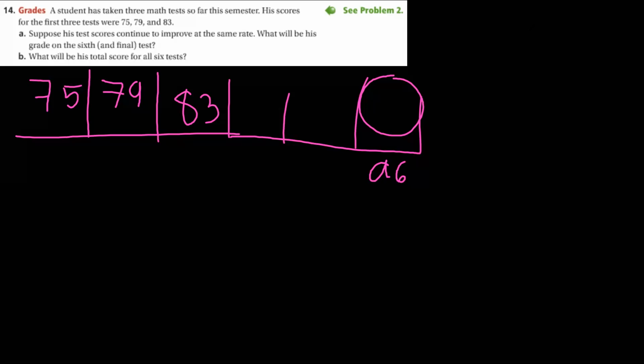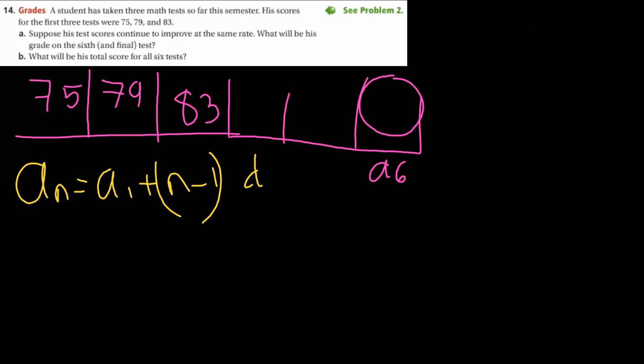Thank you. So if I want his score on the sixth grade, only the sixth grade, I have to use the arithmetic sequence formula: a sub n is a sub 1 plus n minus 1 times d. Where's a sub 1? The first term is 75. What is the number of the term?